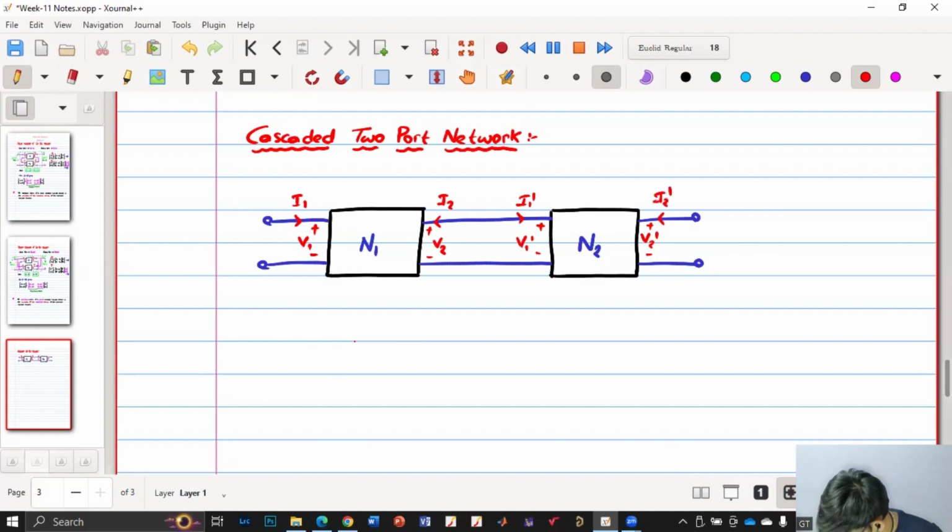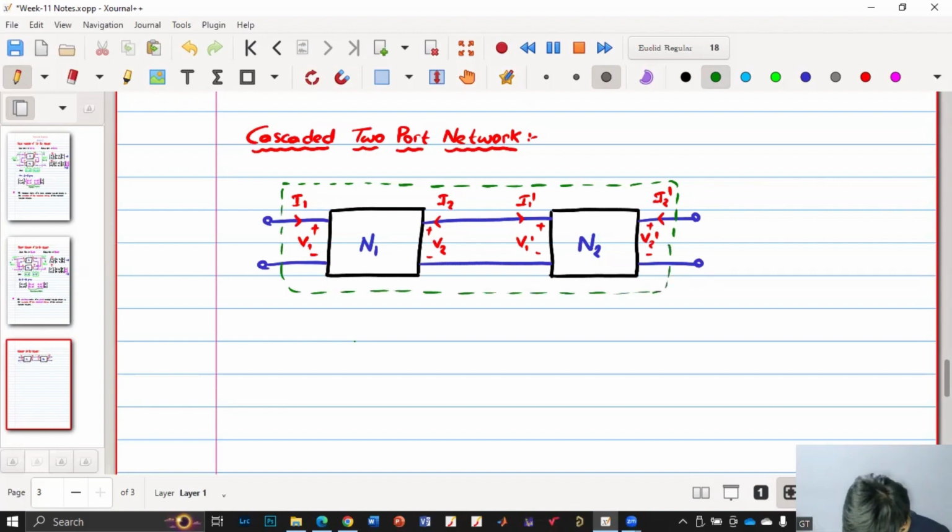So I'm considering in the same exact way. Now the question is, if I consider this as my new two-port network with this being port 1 and this being port 2, how will my parameters look like? So that is the question.